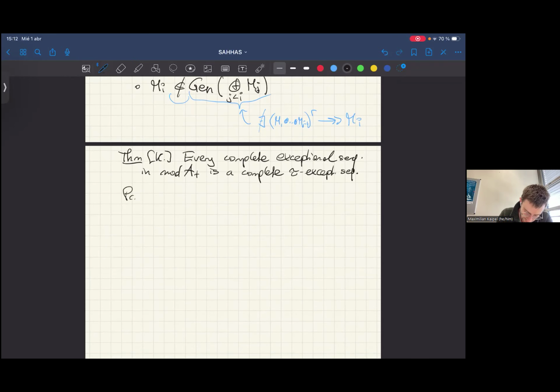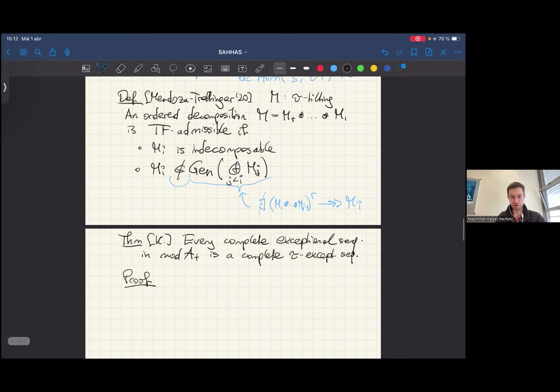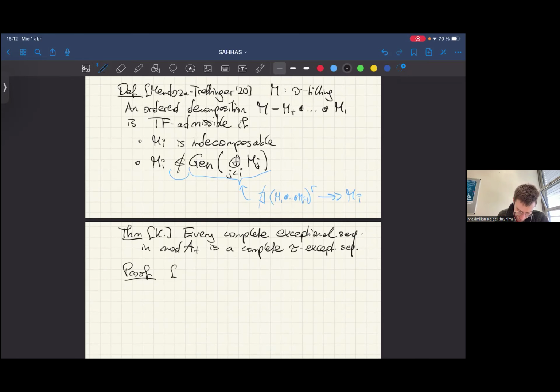So we are using one of the main results of the Mendoza-Treffinger paper, which says that the significance of these decompositions up here lies in that they correspond bijectively to complete exceptional sequences.